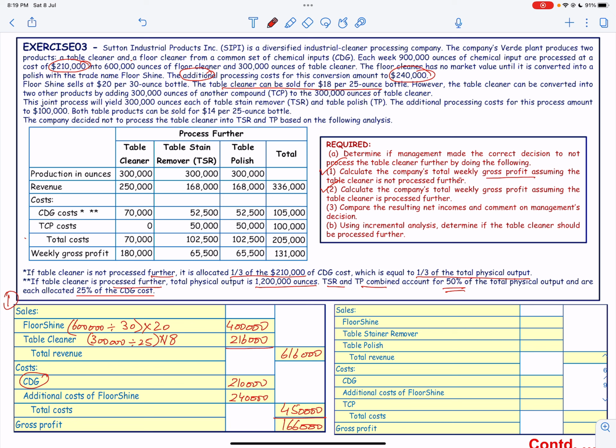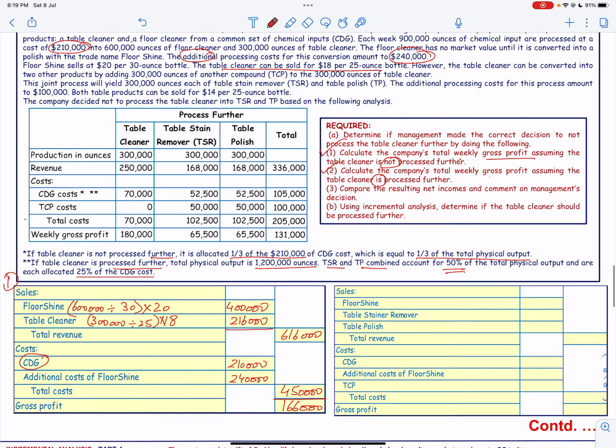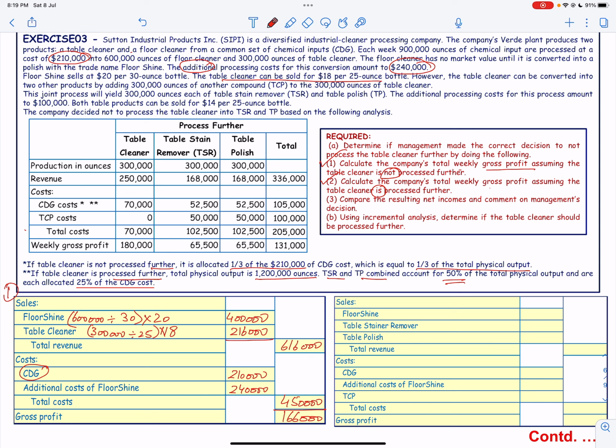Calculate the company's total weekly gross profit assuming that the cleaner is processed. Before we have assumed it is not processed, but now they are going to process. So again we have the same information. First of all we have the floor shine, and the floor shine is going to be the same, that is 600,000 ounces, and it sells at 20 per bottle for a 30 ounce bottle.